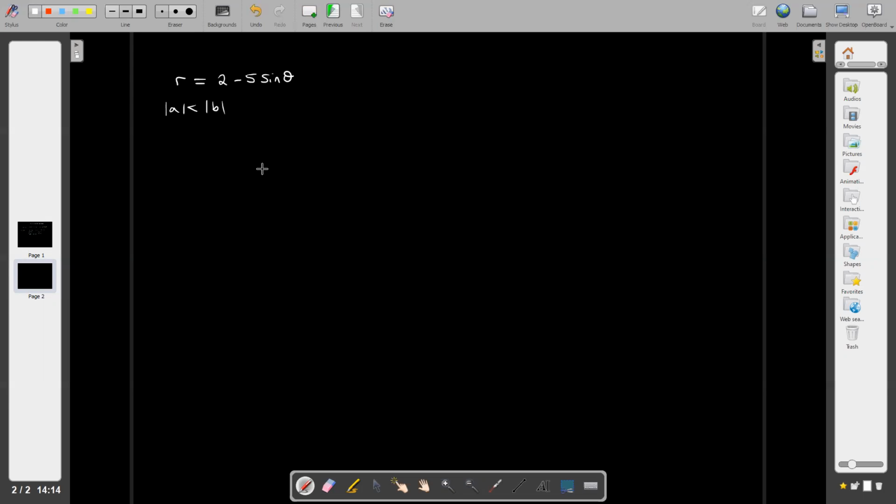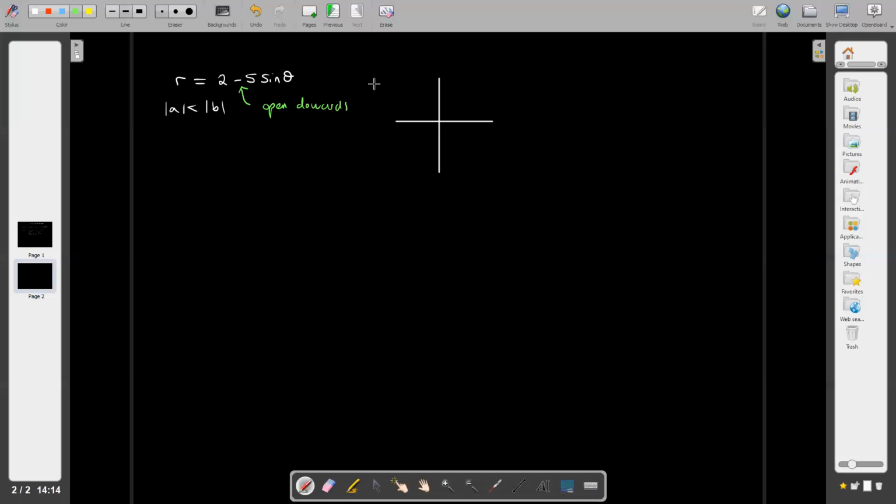What I would recommend then is having a little bit of an axis. So here's our axis. Notice that it's negative sine. If it were plus sine, it would open upwards, so this negative sign is going to open downwards.